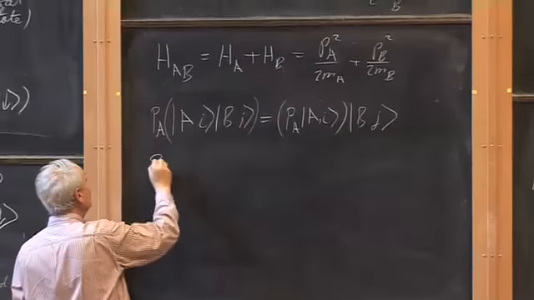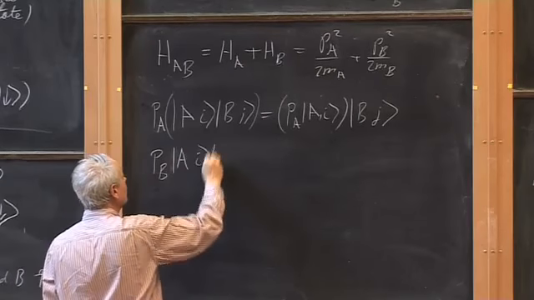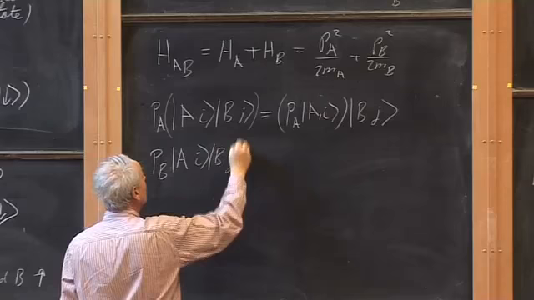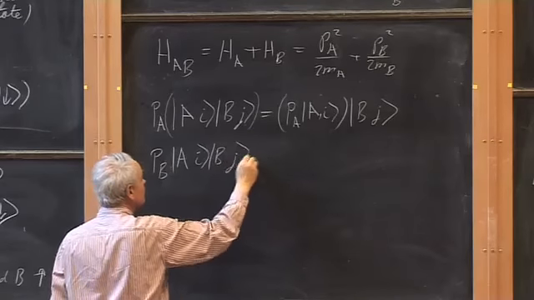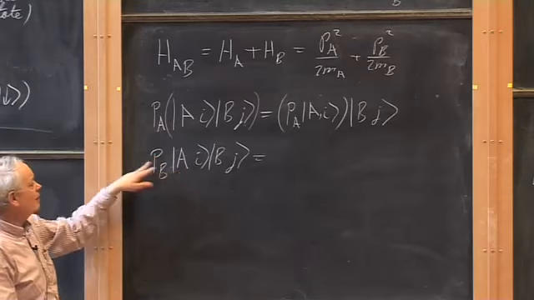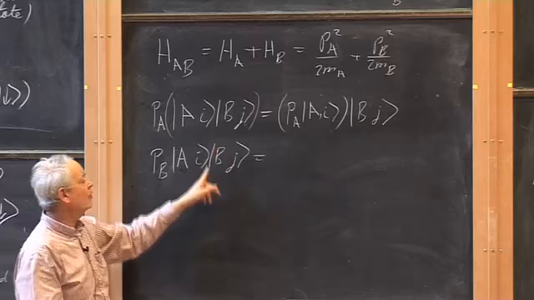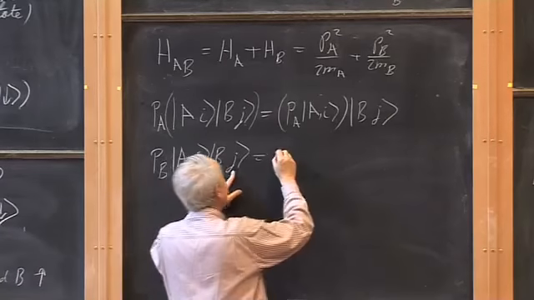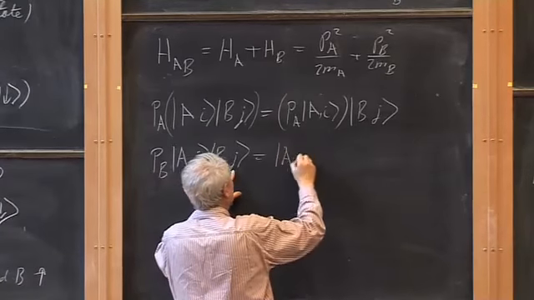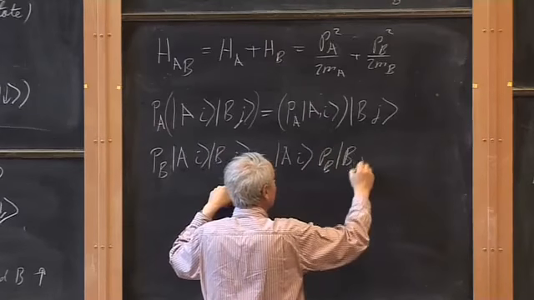If PB works on this thing, PB ignores this. It passes through this as if PB was just an ordinary complex number and homes in on this, its target. So this is simply AI times PB Bj.